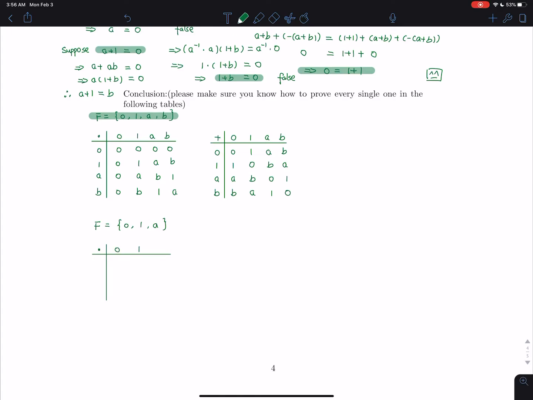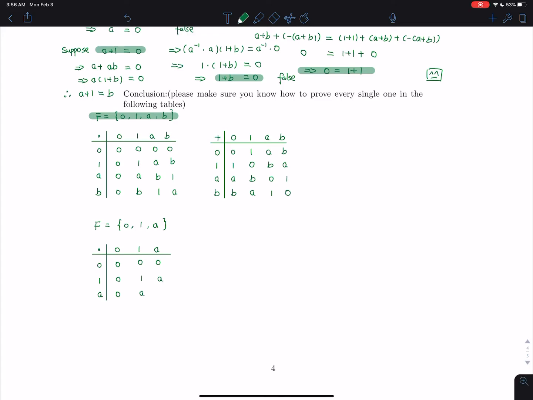0, 1, a, 0, 1, a. Okay. The first thing should be easy because 0 times anything is still 0. Second line should be easy as well because it's a multiplicative identity.